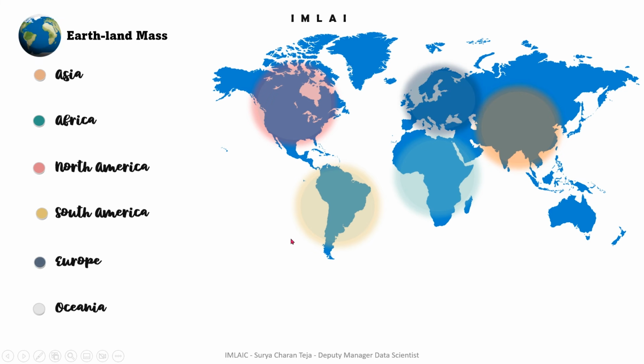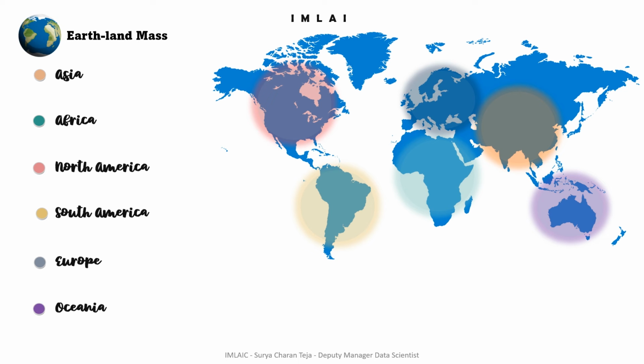We have Europe, again on top. Then finally Oceania. And there is one more. But this is not a geography class. It is Python classes and OOPs class.